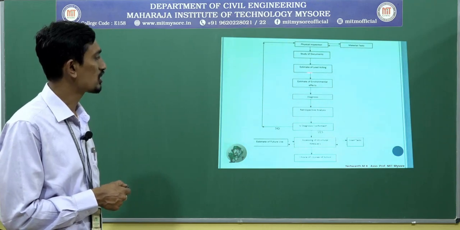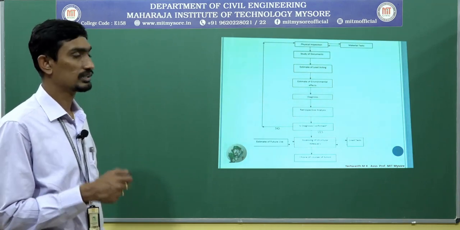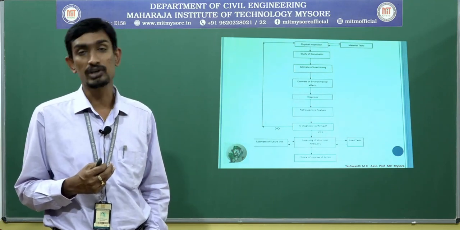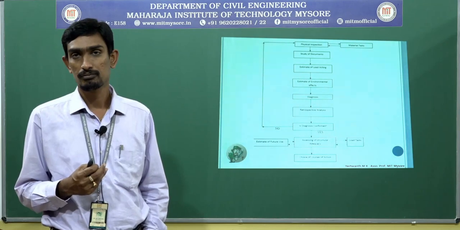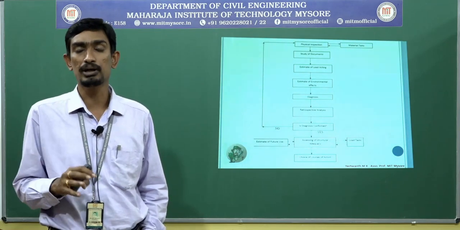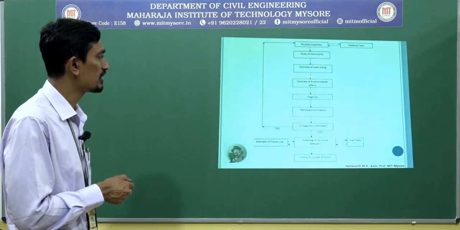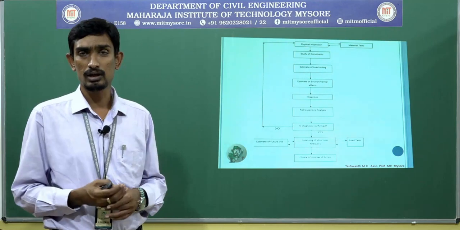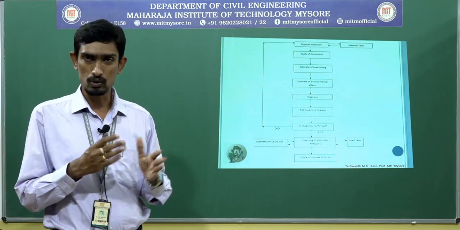Next is estimation of load acting. This is a very important step for a structural engineer, because our client will come to us for a stability check or structural auditing, to know whether this building is safe for occupancy or not. In that instance, this step plays a very important role, because it explains what design load they have considered as per the code.